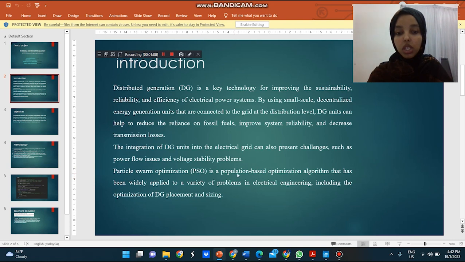Particle swarm optimization is a population-based optimization algorithm that has been widely applied to a variety of problems in electrical engineering, including optimization of distributed generation placement and sizing.